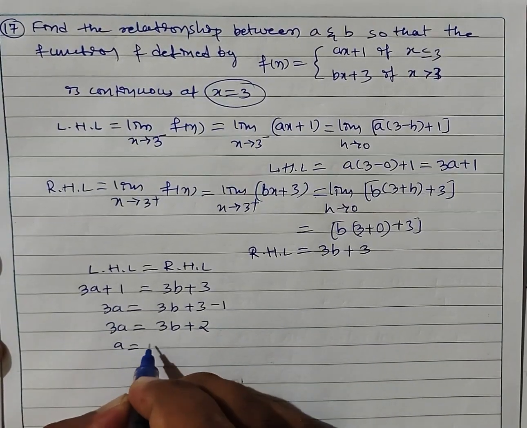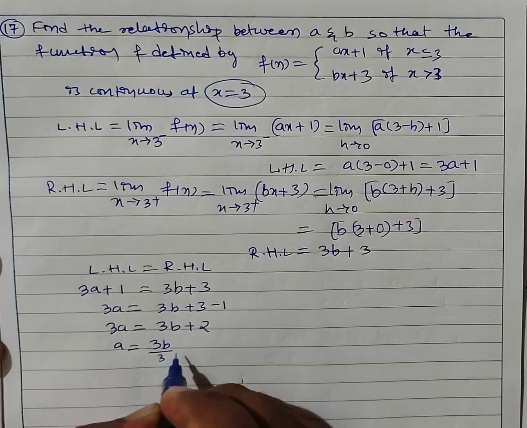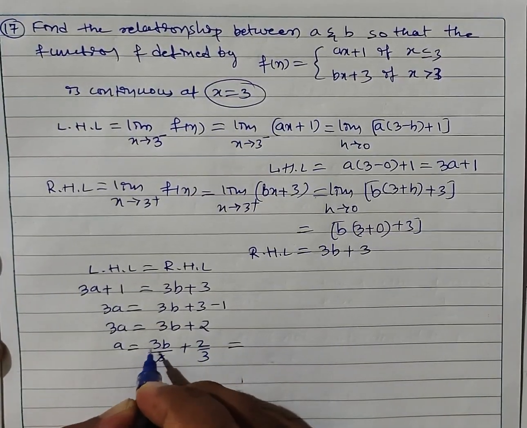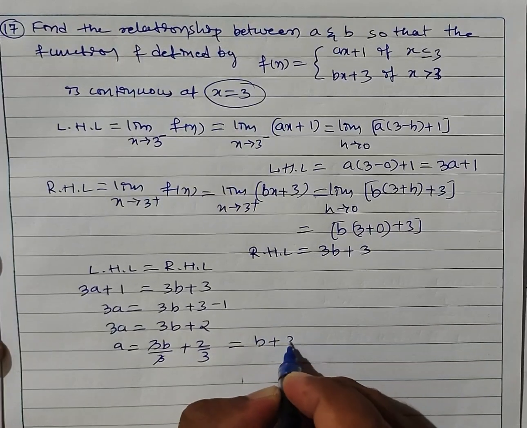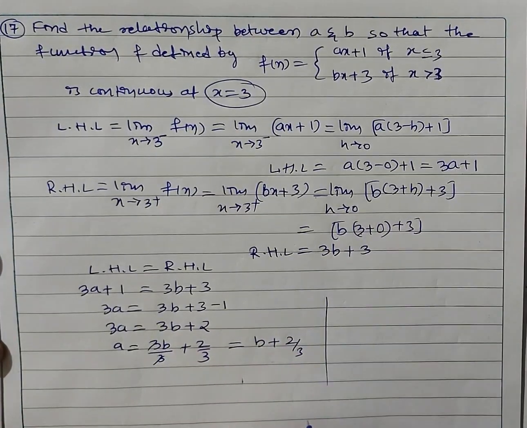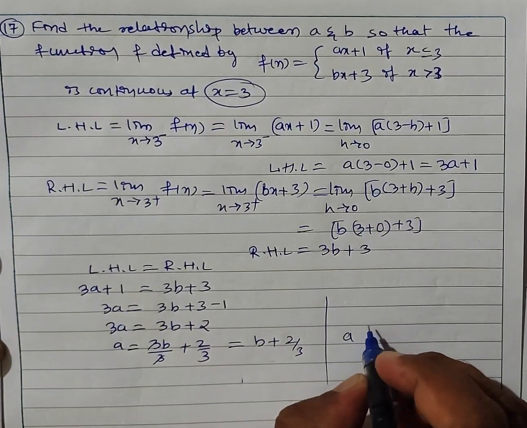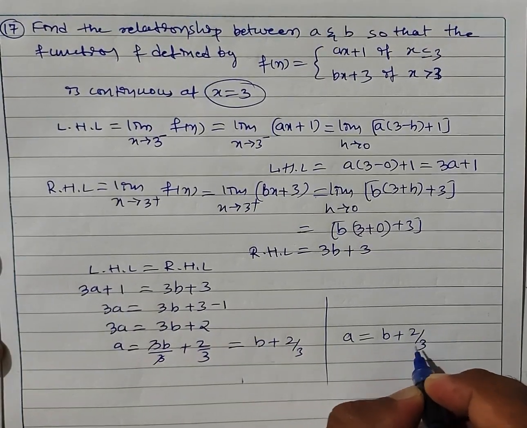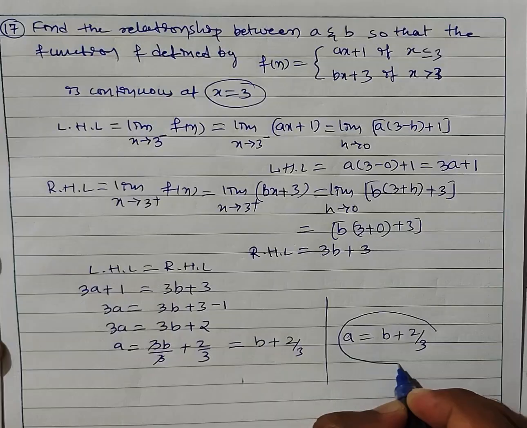Then a equal to 3b by 3 plus 2 by 3. So that is equal to, 3 gets cancelled, b plus 2 by 3. Okay. So the relation between a and b is a equal to b plus 2 by 3. This is the relation between a and b.